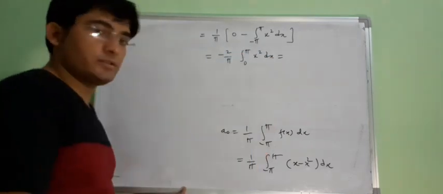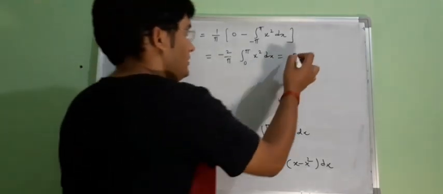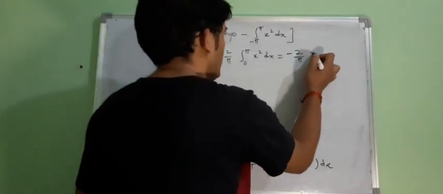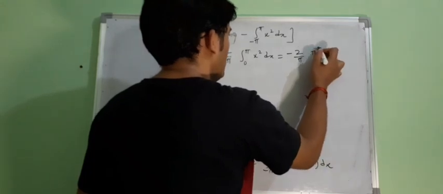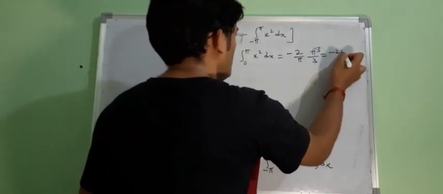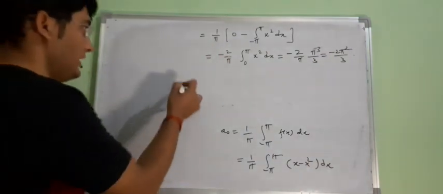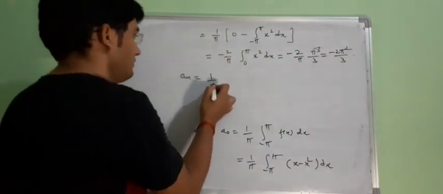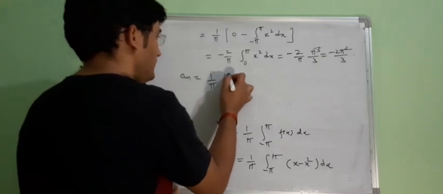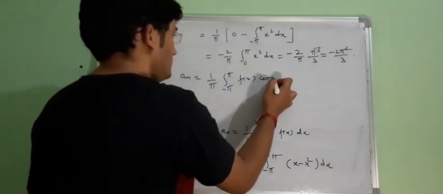Now the integration of x square is x cube upon 3. So putting the limits we will get minus 2 pi square upon 3. So this is your a naught. Now an will be 1 upon pi, integral minus pi to pi f(x) cos nx dx.